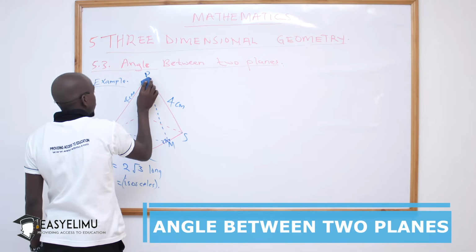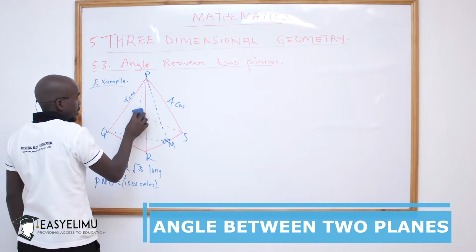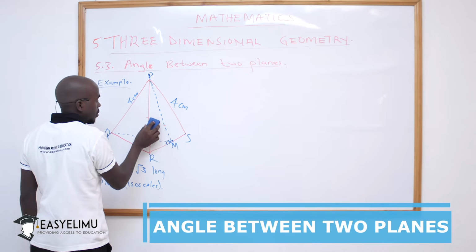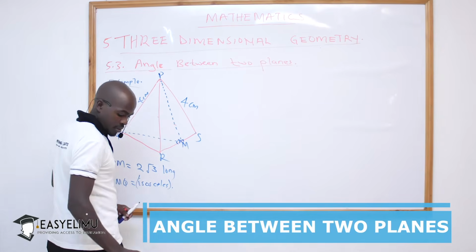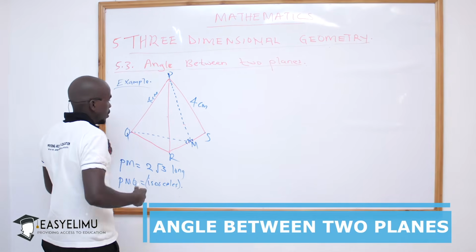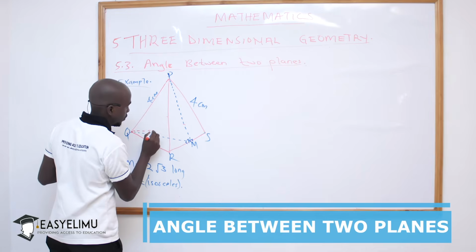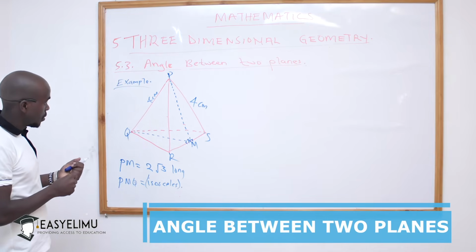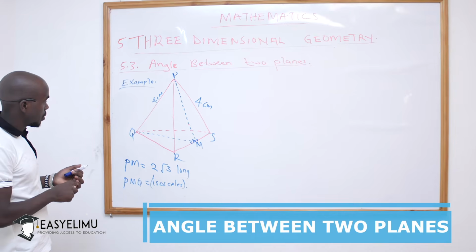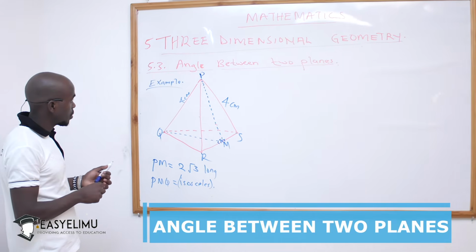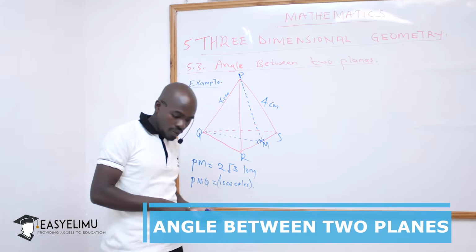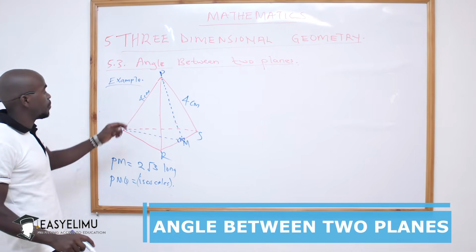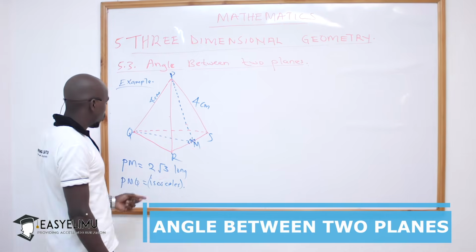Actually, the other side is not present there; I just put it in. It's a regular tetrahedron. A tetrahedron is drawn that way. In that case, we need to show that PM is 2 root 3.